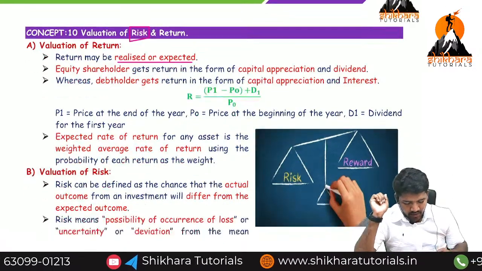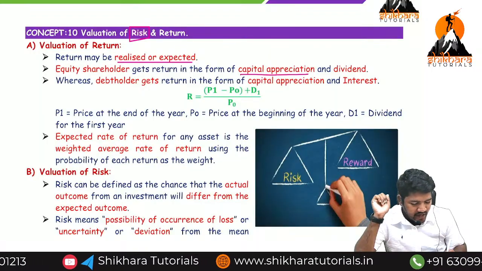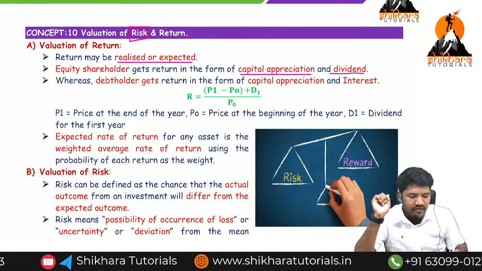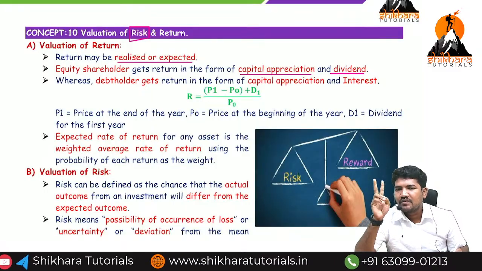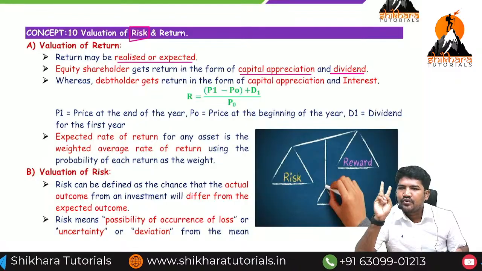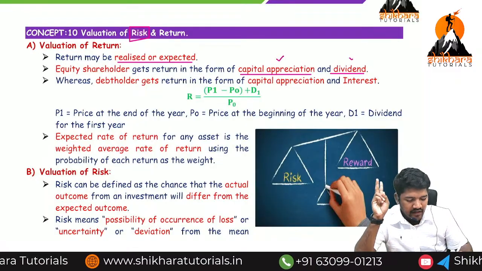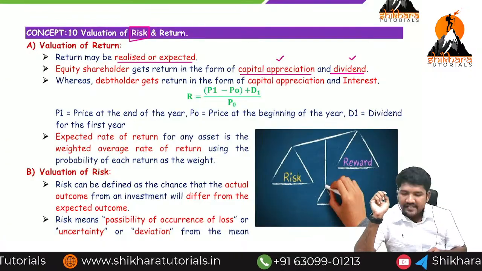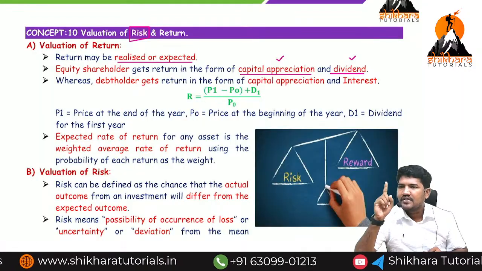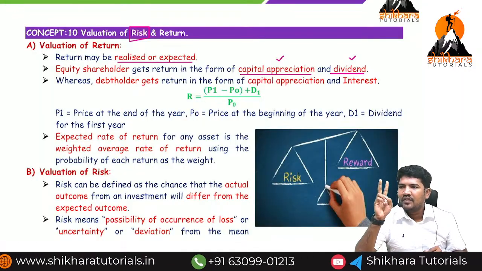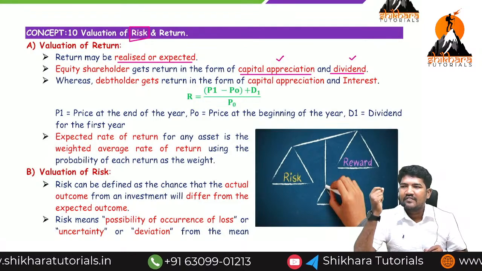Now when it comes to equity, a shareholder gets a return in the form of capital appreciation as well as dividend. If I invest 10 rupees in any equity share, I will expect two returns. What are the two returns? One is capital appreciation, another one is dividend. If I invest in a debenture, I will expect only one return: interest. If it is redeemable, that is not a return. Point to be understood clearly.